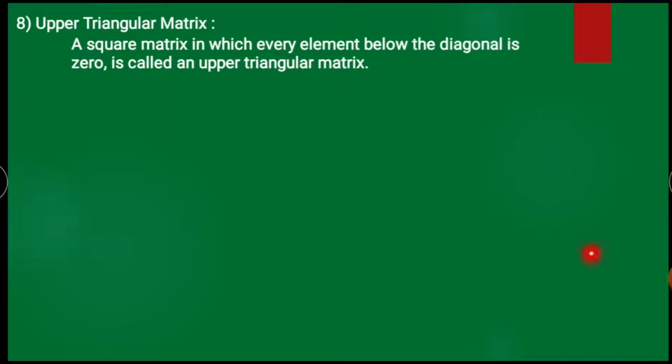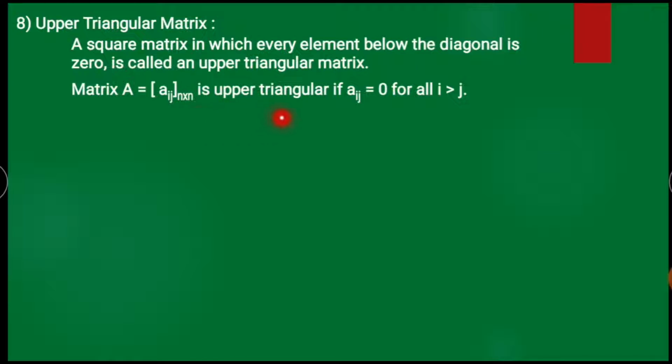Then the next type is upper triangular matrix. See the definition. A square matrix in which every element below the diagonal is 0 is called an upper triangular matrix. See the words here: we require every element below the diagonal to be 0 for an upper triangular matrix.